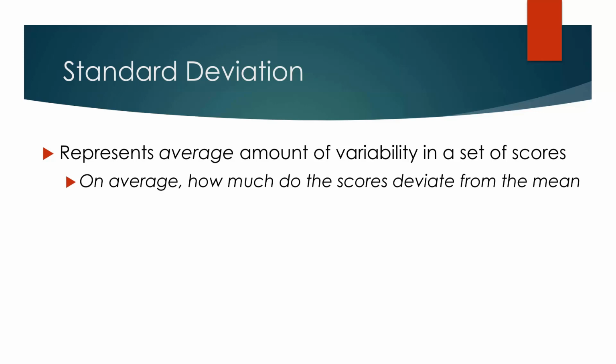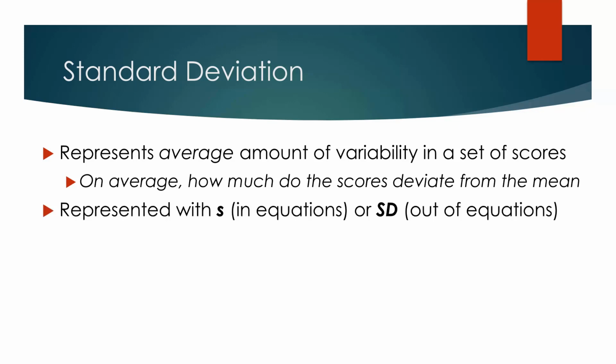That's a key thing about the standard deviation. We're looking at how much each score deviates from the mean. How different is it from the mean? And then what we do is we take all those differences and average them together to get one number. One number that tells us on average how much the scores deviate from the mean.